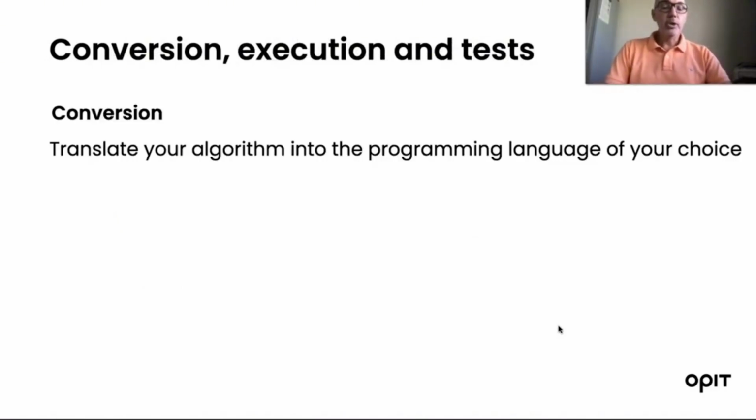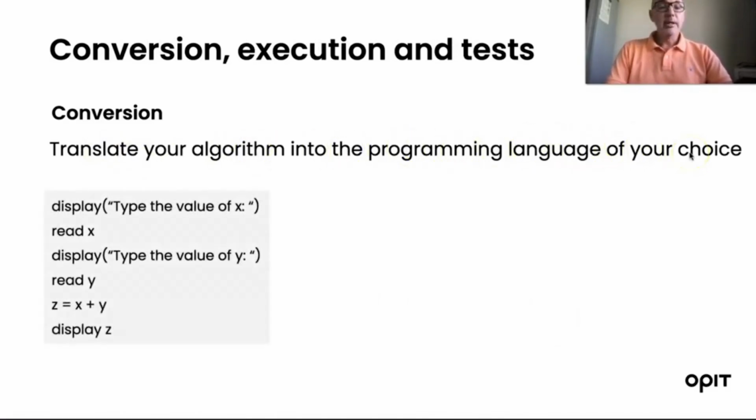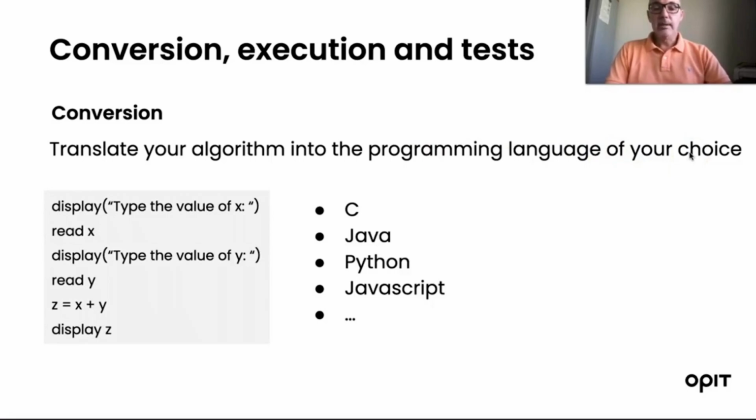So the conversion consists in translating the algorithm into the programming language of your choice. If I take again this very simple algorithm, many programming languages are available today, such as C, which is the programming language that we are going to study in this course.